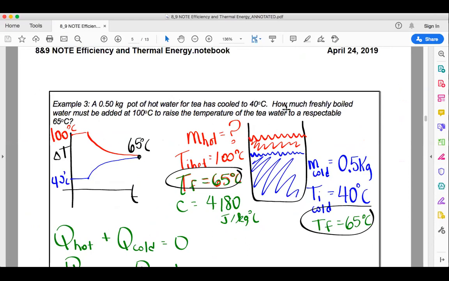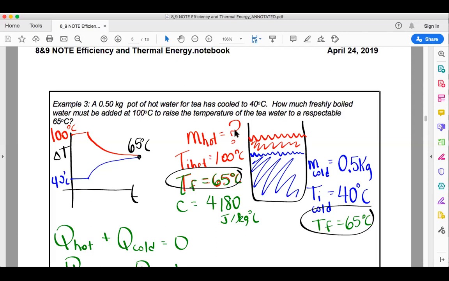On top of that relatively cold water, we're going to put the hot water, which we'll call M hot. We want to know how much of that hot substance, that's the hot side, we need to add if that hot water is 100 degrees Celsius. So we know the temperature of the cold side, and we know the temperature of the hot side. We know the amount of the cold side.